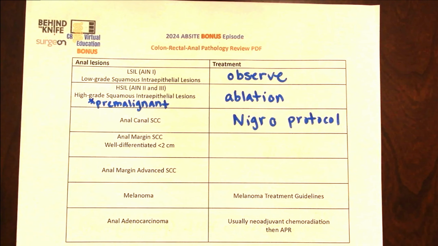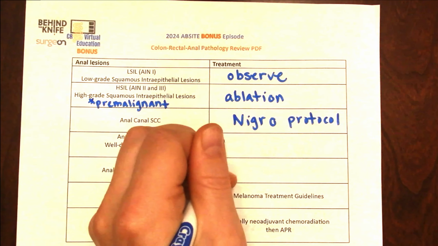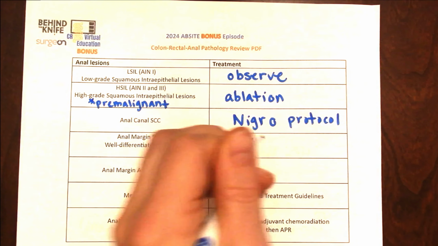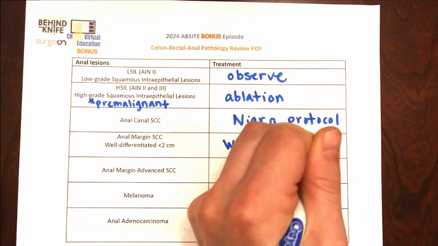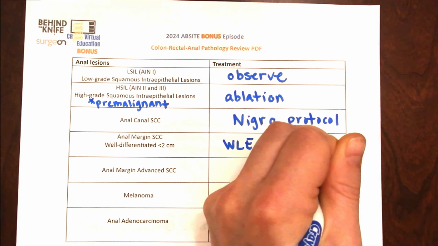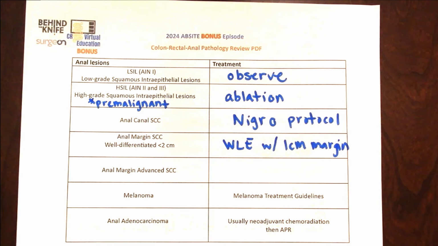So if it is well differentiated and less than 2 centimeters, then they undergo wide local excision with 1 centimeter margins. If it's an advanced squamous cell of the anal margin, so it's anything that's not well differentiated and more than 2 centimeters, usually you undergo chemoradiation therapy.